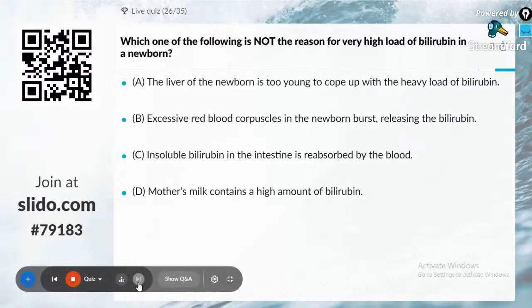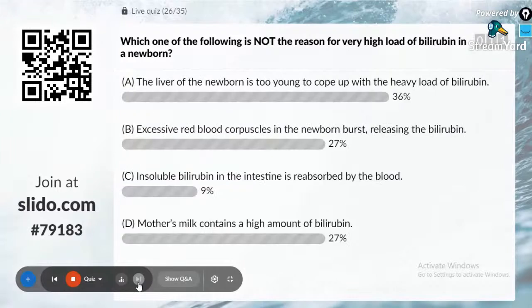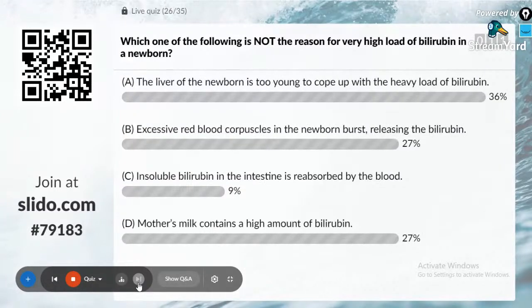You know that the high load of bilirubin causes this yellow color, and they are asking which one of the following is not the reason. The liver of the newborn is too young to cope up with the heavy load of bilirubin. That is a correct statement.